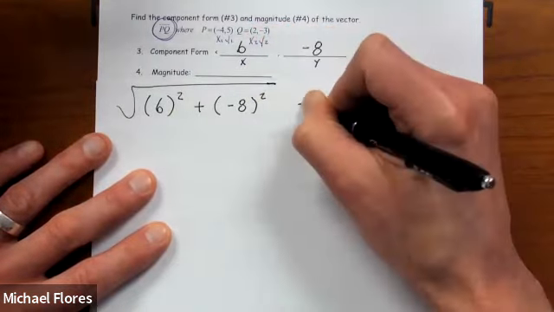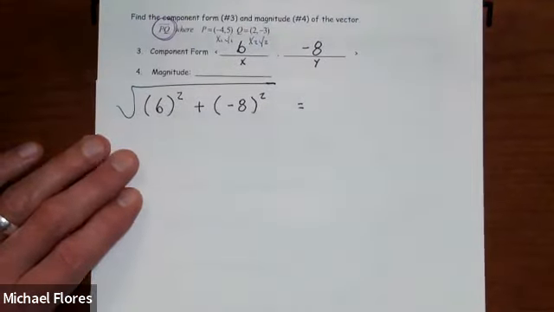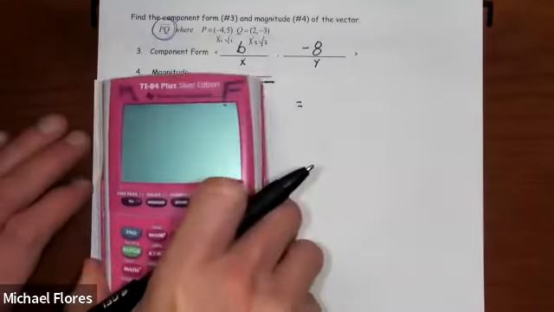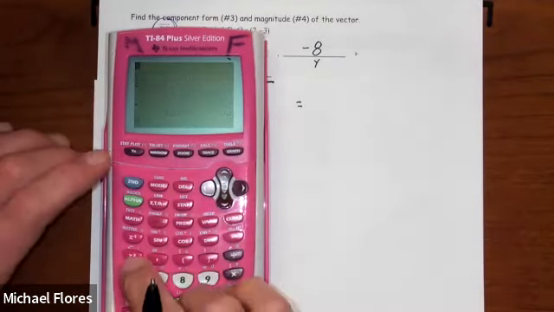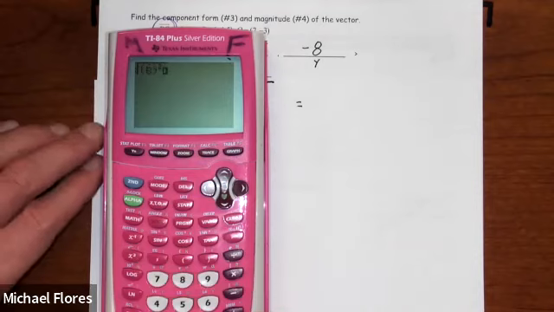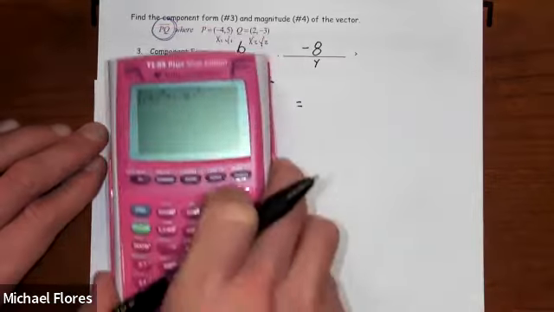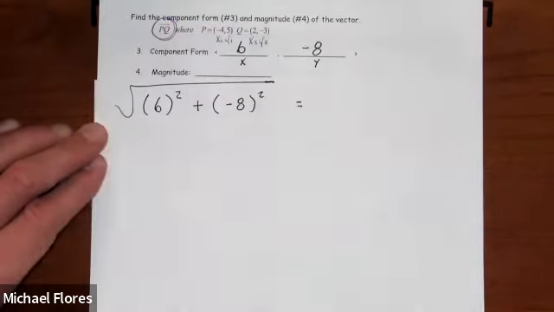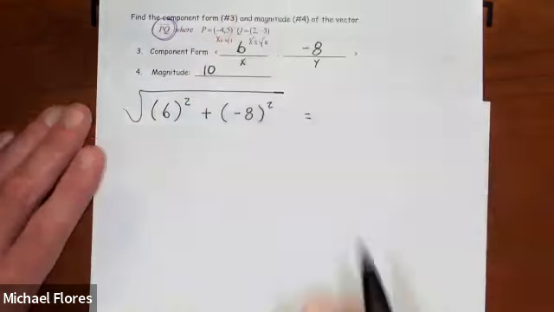We are allowed to use calculators on this test, so let's use it. Square root. Looks like we have a magnitude of 10.